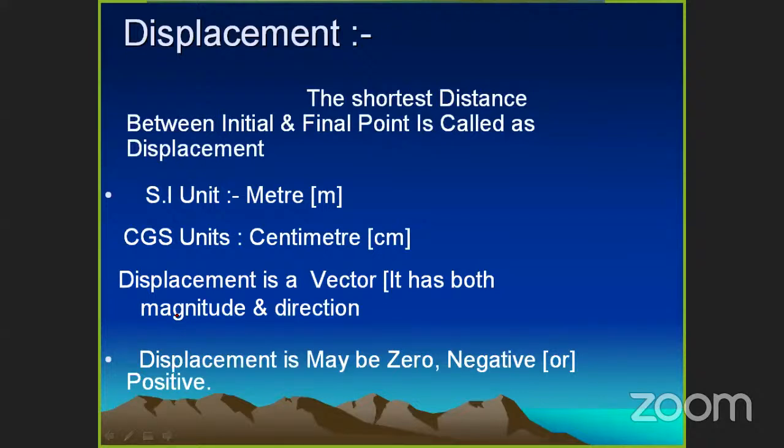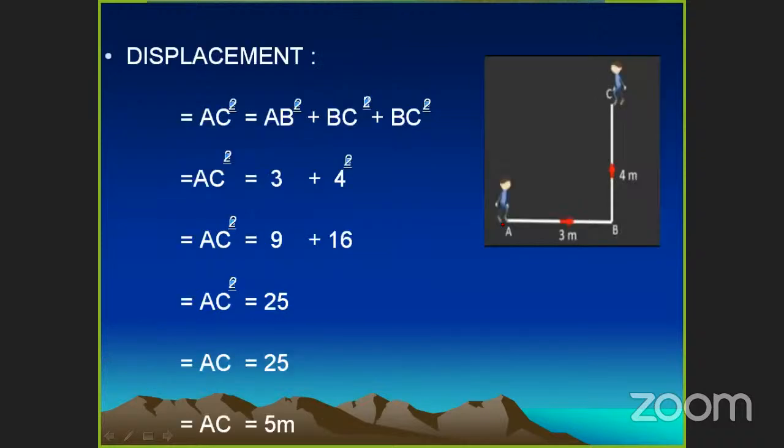See this. Okay, find out the displacement of the boy. See this picture. The displacement of the boy means the length between the initial and final point, A to C. This length we call the displacement of the boy.